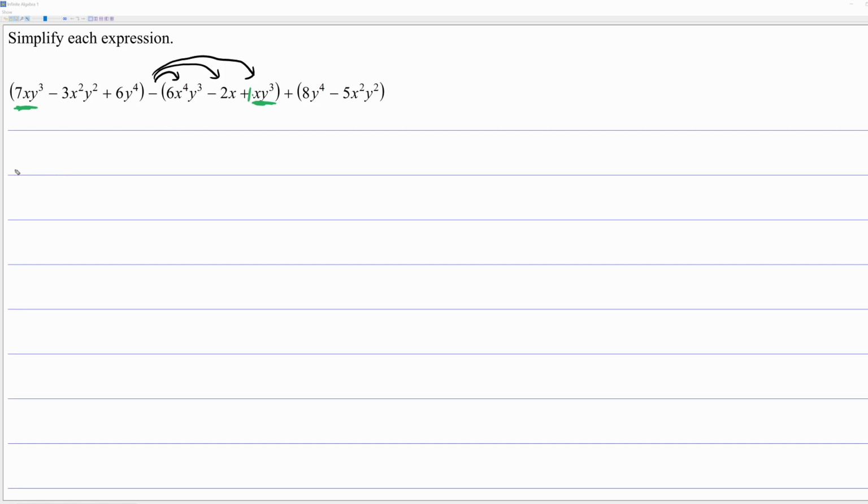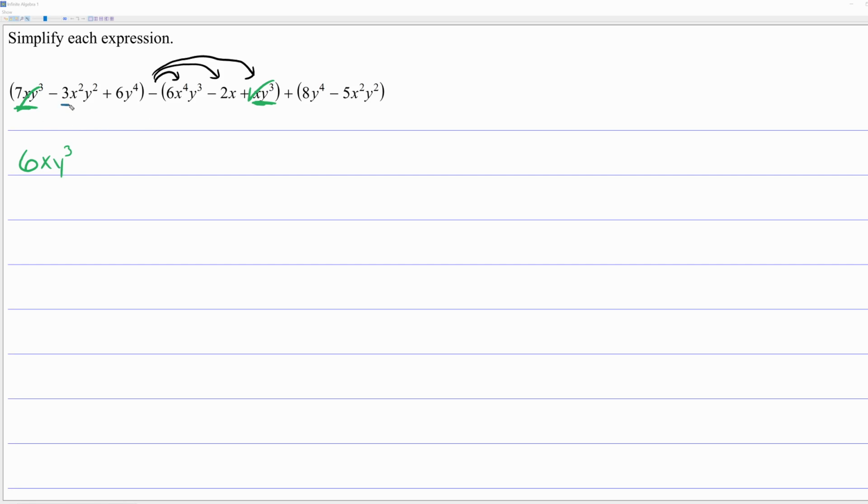So when we combine those, we have 7 minus 1, that's 6xy cubed. Now, especially if you're doing this on paper, if you cross those out, you'll know that they've been dealt with. And now you move on.